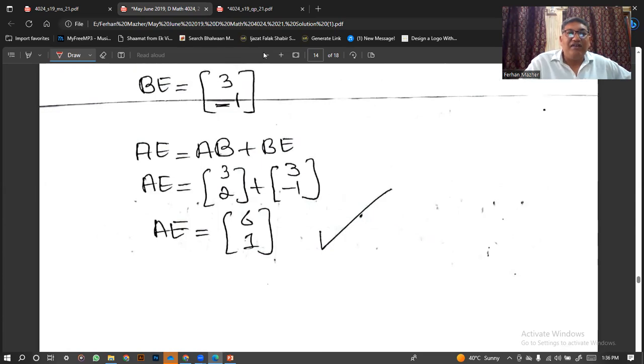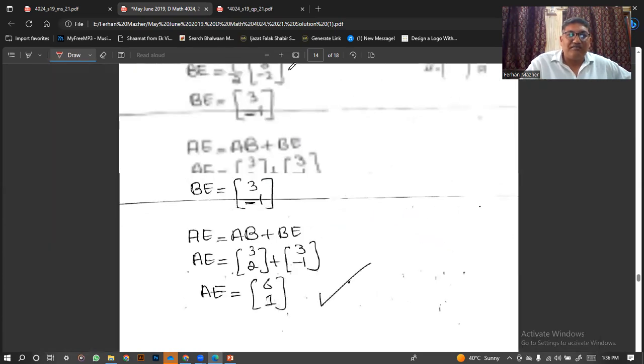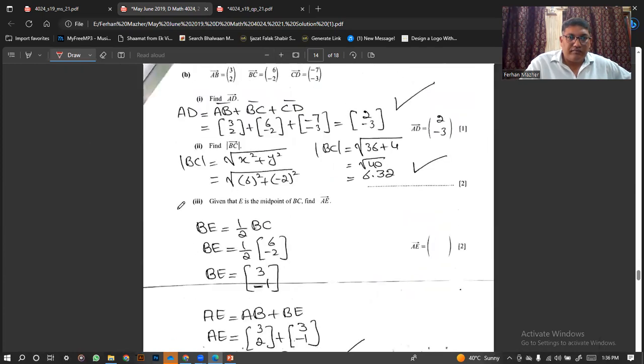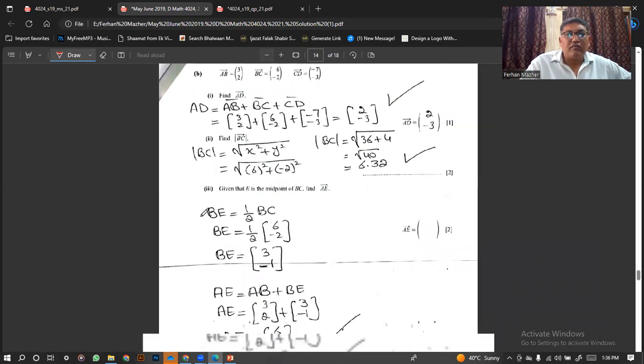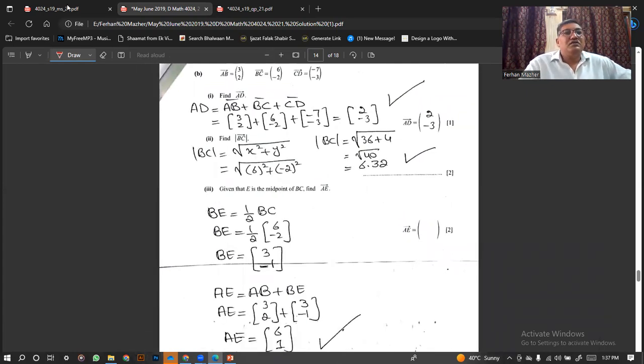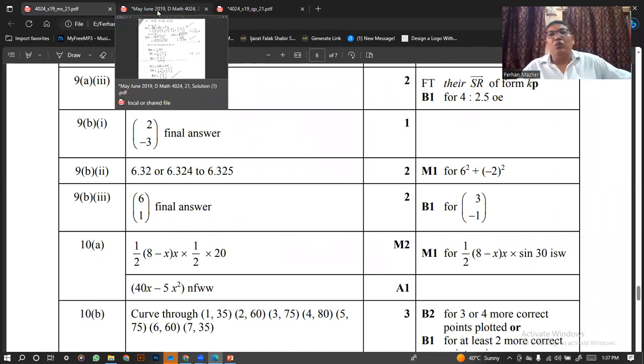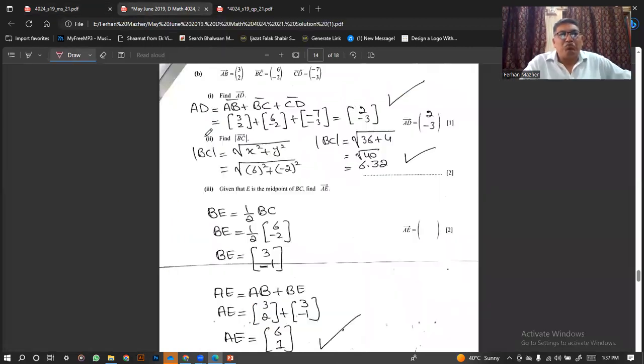So the AE will be equal to 6, 1. 6, 1 is the right answer. So this is the solution.